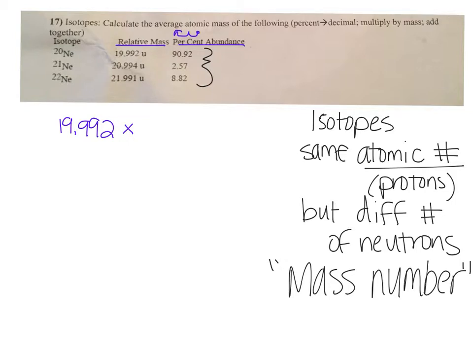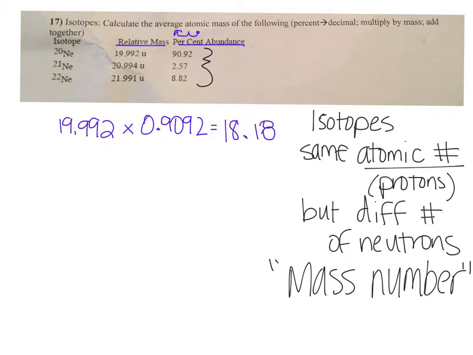So we're going to say 0.9092. And if I multiply those together, I'm going to get 18.1. Let's see what we should be doing. I have 5 sig figs here. I have 4 here. We're going to go to 4 sig figs. So 18.1. We're going to round up to 18.1. Okay? We're going to leave that alone.